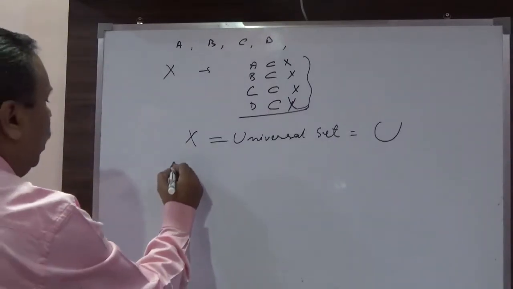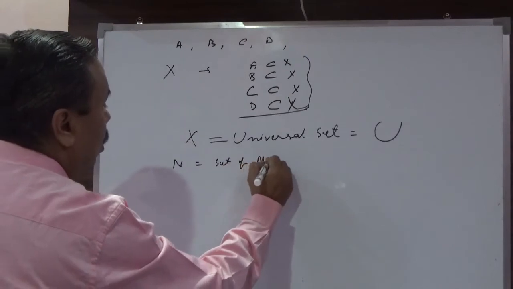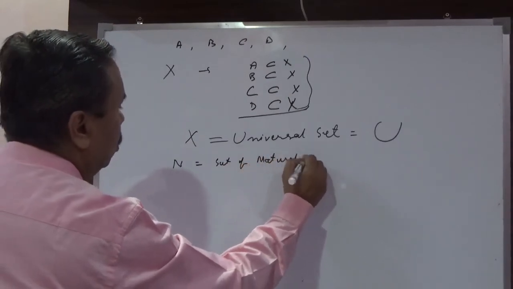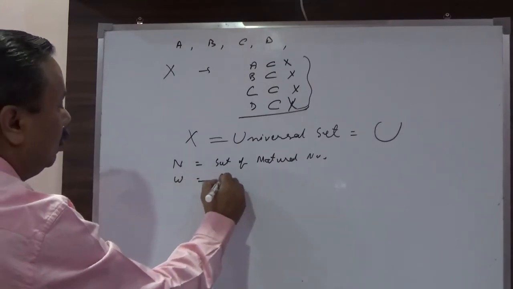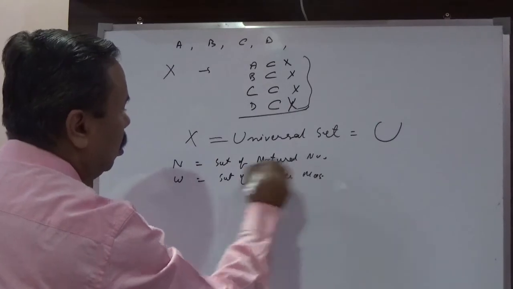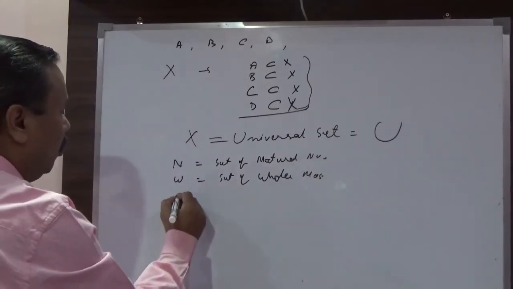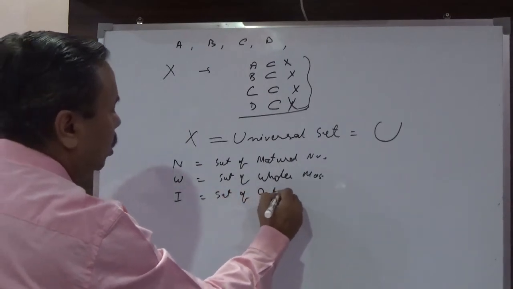As I have told you, N is the set of natural numbers, W is the set of whole numbers, and I is the set of integers.